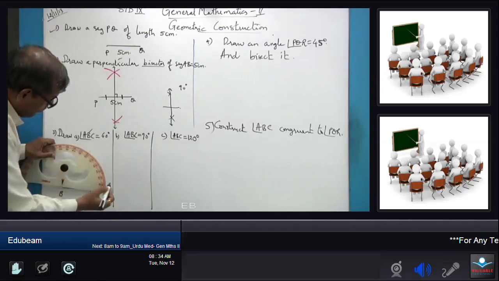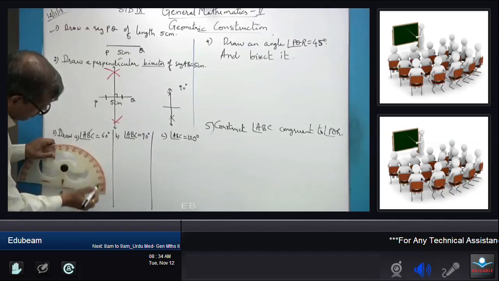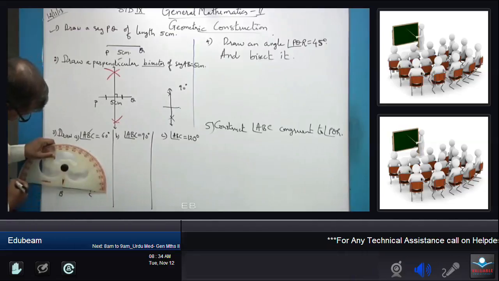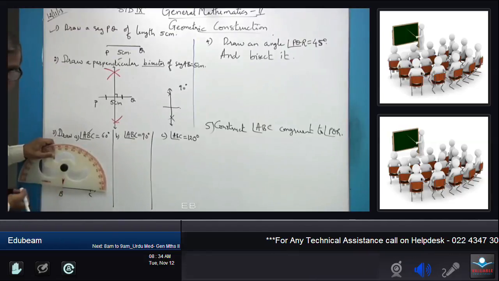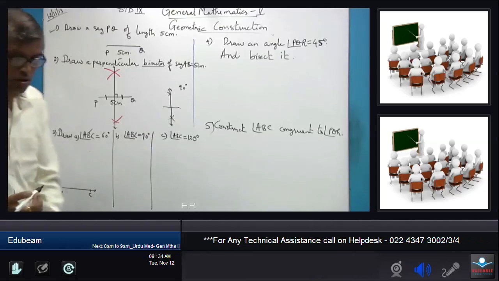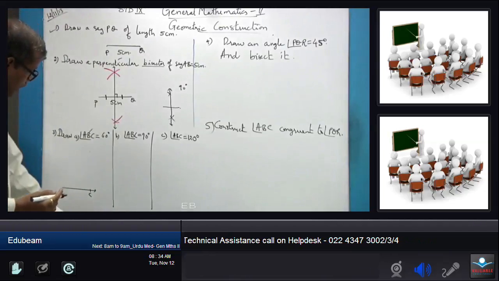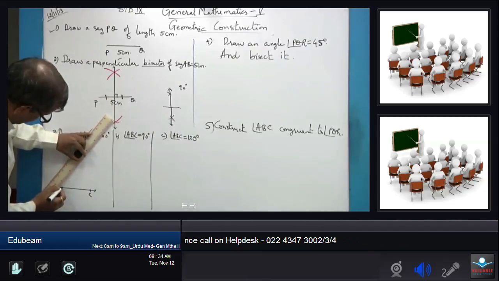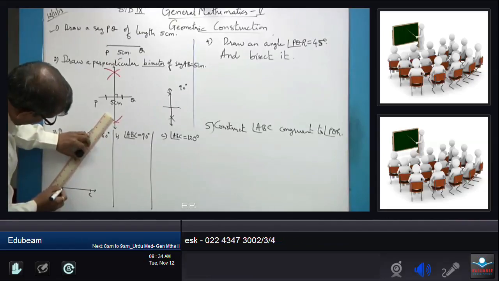So protractor, B here, C on the 0. Keep it flat. 0, 10, 20, 30, 40, 50, 60, 70, 80, 90, 100, 110, 120.